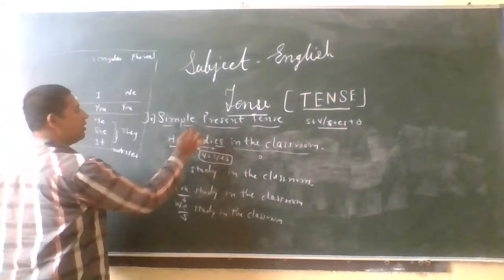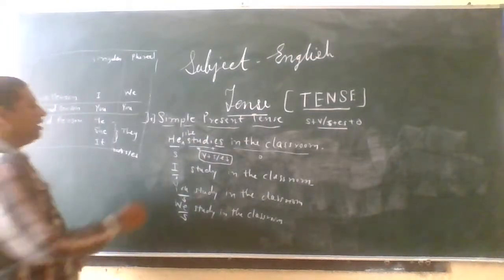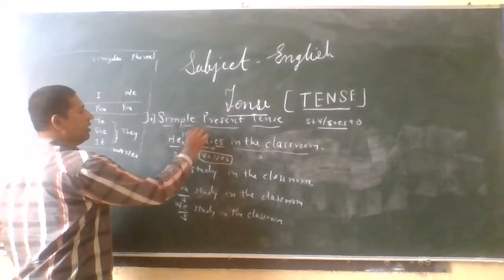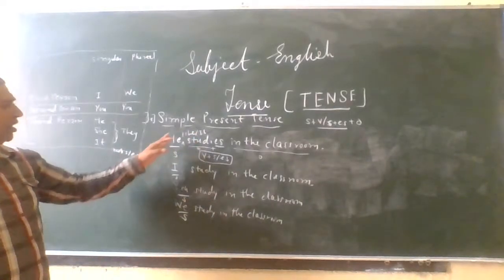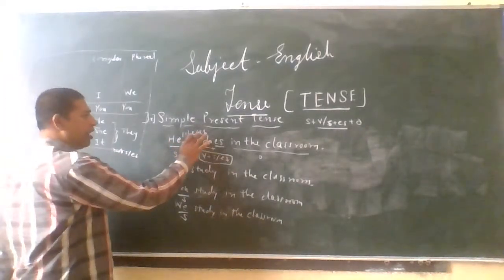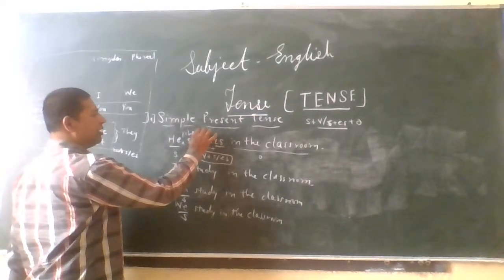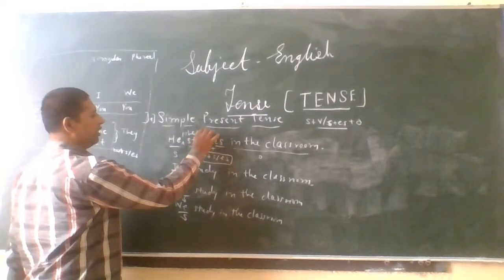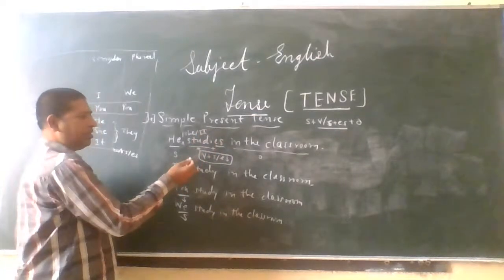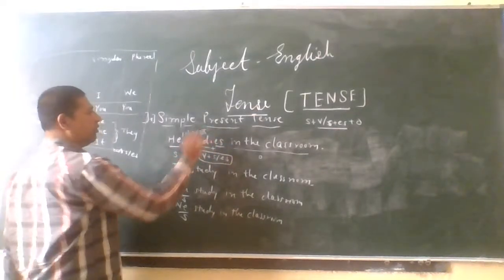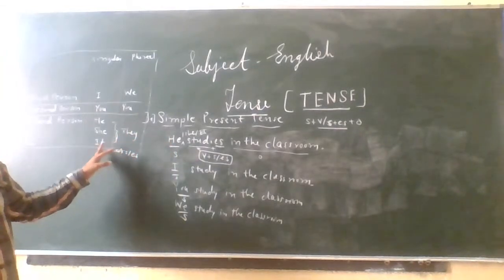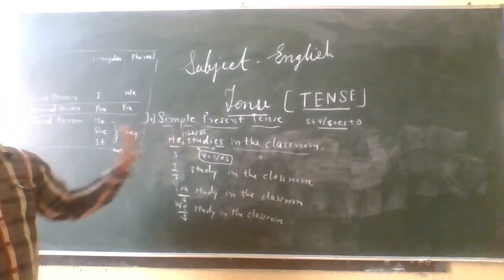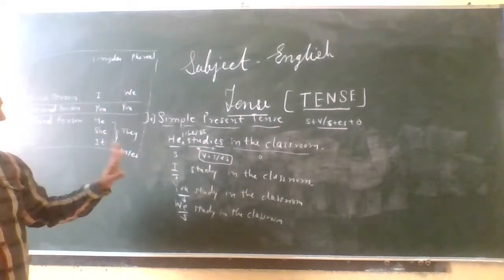It studies: it mostly we use for the third person or neuter. Neuter means no one is studying. So for he, she, it, we directly use the verb plus s or es.